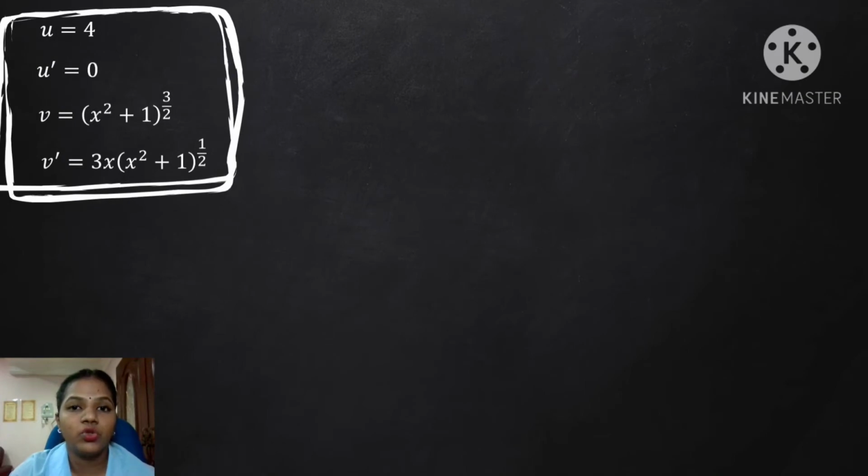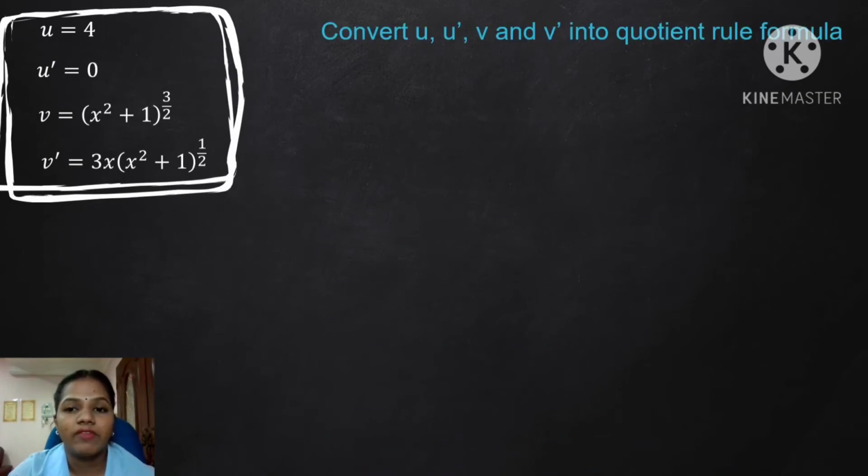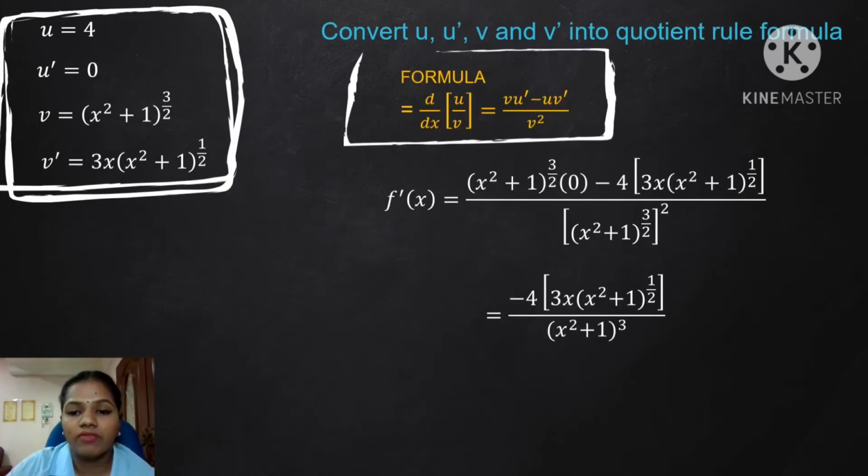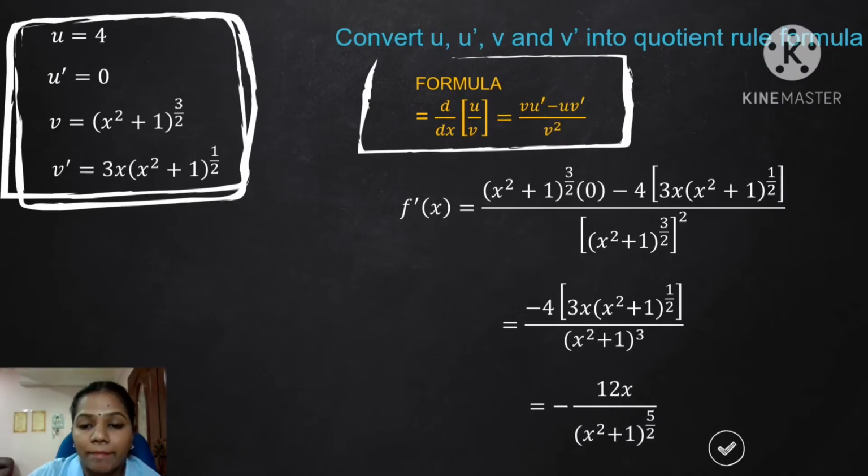After finding u prime and v prime, we substitute everything into the quotient rule formula, and after that we simplify. The final answer will be negative 12x over (x^2 + 1)^(5/2).